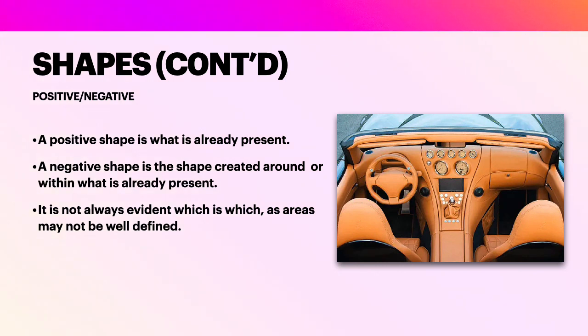So for example, when you take a look at the image of the vehicle from the text, the positive shape is pretty much the vehicle in and of itself and the pieces that make up the vehicle. But the negative shape would be the individuals that are inside the vehicle. So it is not always evident which is which when it comes to positive shape and negative shape, as some areas are not always well defined.